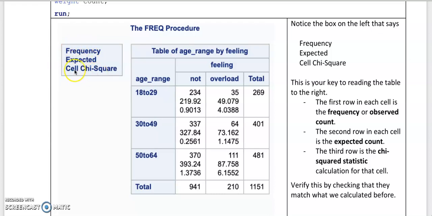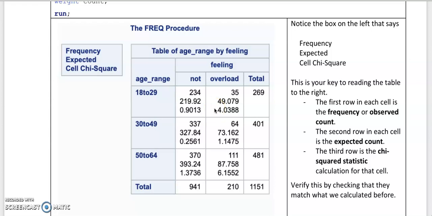And the third number is that part of the chi-squared statistic that's just based on that cell. All right? So you can actually go through and verify that this first row is our table of observed counts from the first page. This second row is our table of expected counts that we calculated. And this third row is the 6 numbers that we added together to get our chi-squared test statistic.